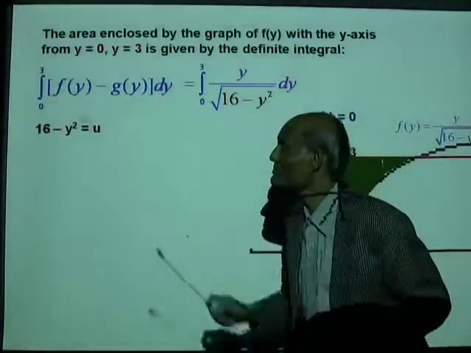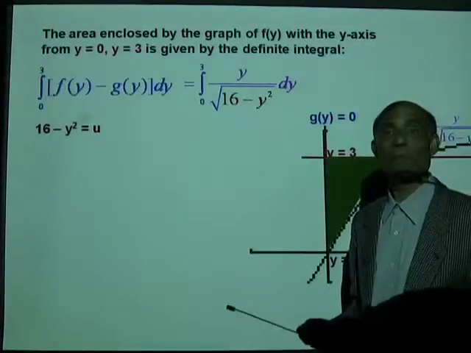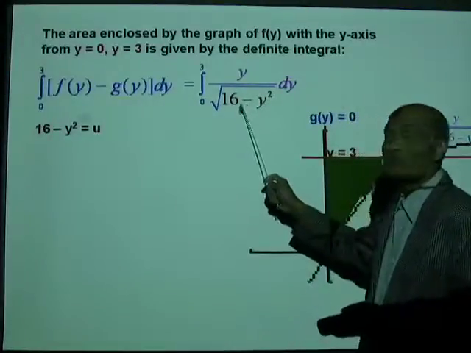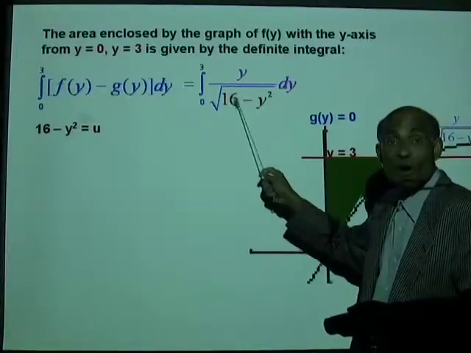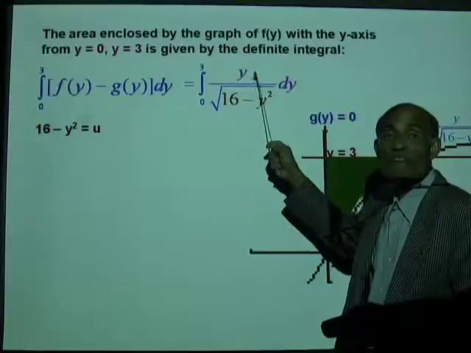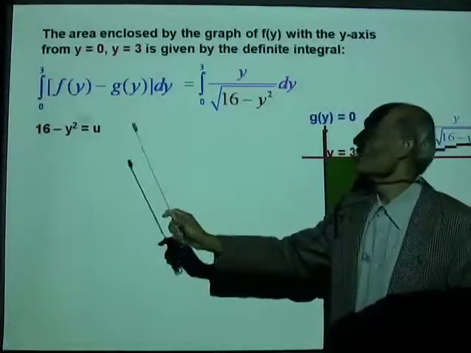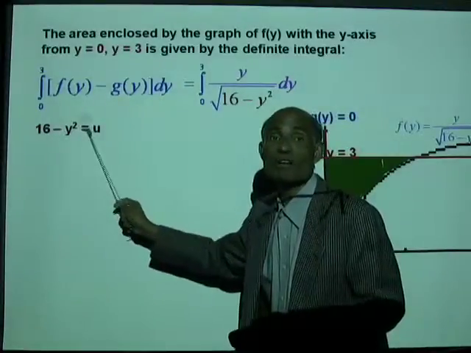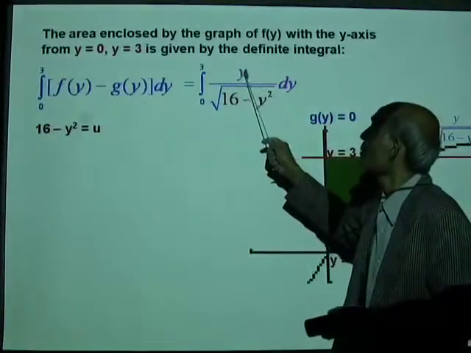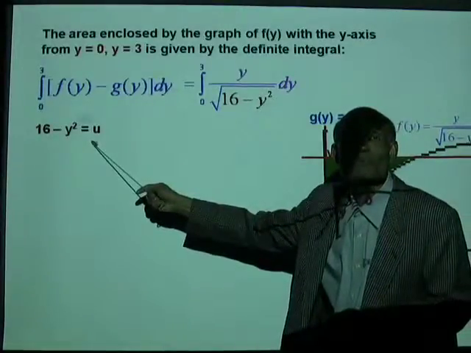So we make that substitution, 16 minus y squared equal to u. Now remember, the moment you make a substitution of a quantity, then we need to replace everything else in the integral based on that substitution. So if 16 minus y squared equal to u, what is then y dy in terms of u?